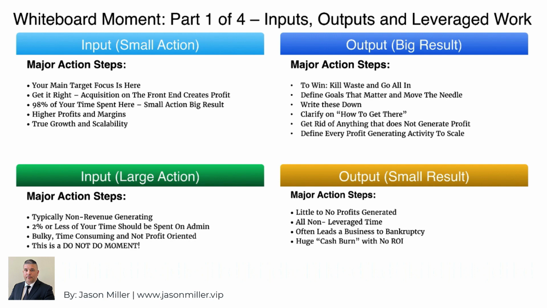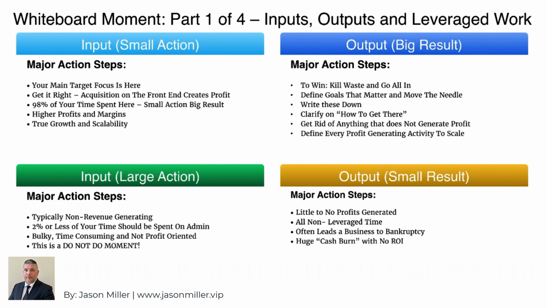Okay. Let's talk about the absolute opposite of that, and that's large actions in the input with small results for an output. This is typically always non-revenue generating things. All the admin minutia.